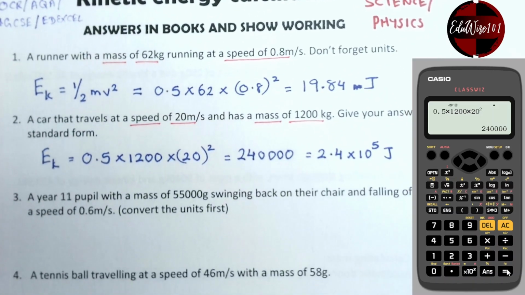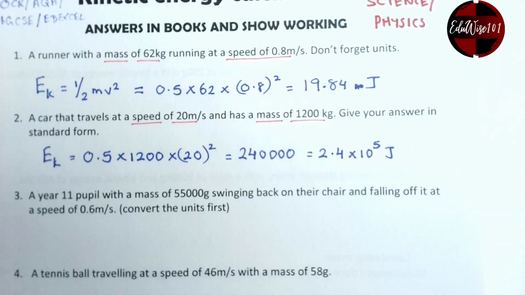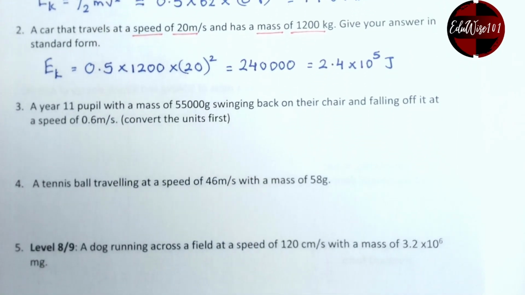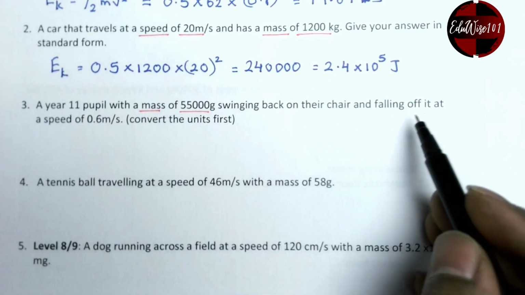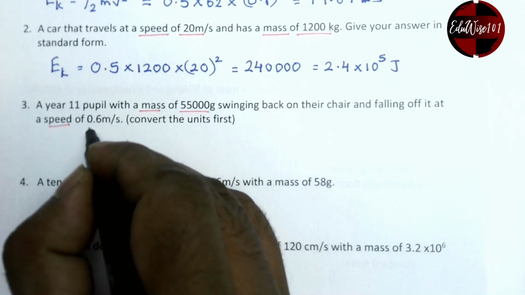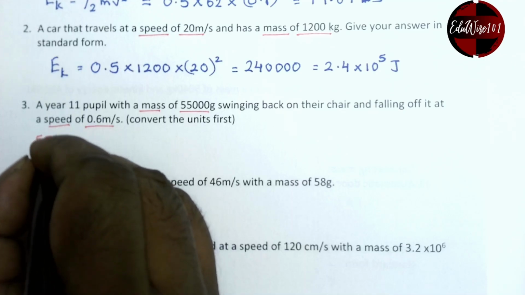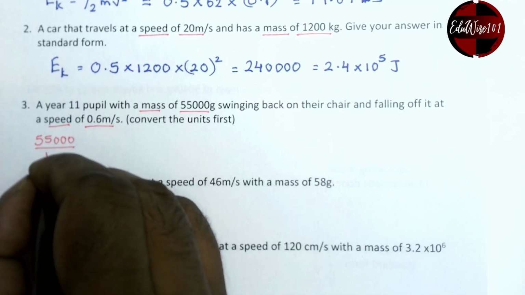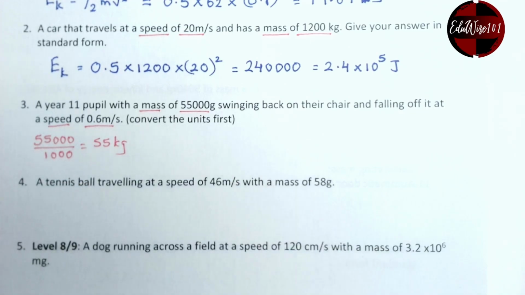Question number 3. A year 11 pupil with a mass of 55,000 grams, swinging back on their chair and falling off at a speed of 0.6 meters per second. So let's do the conversion first. 55,000 divided by 1000 will give you 55 kilogram.